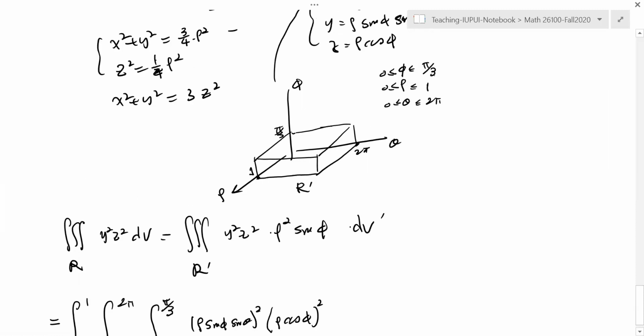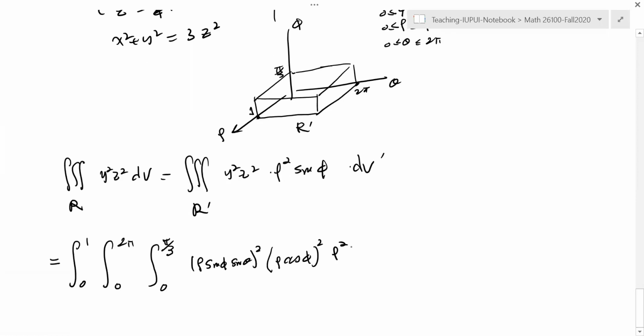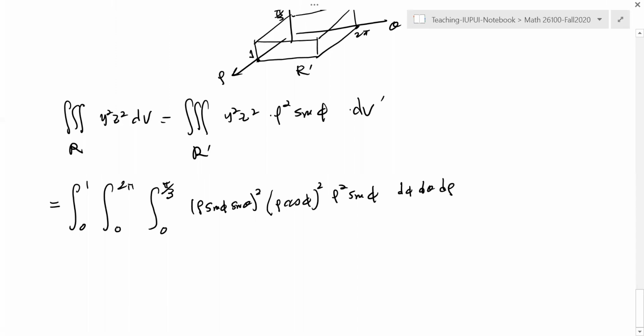Then you have rho squared sine phi, then d phi, d theta, d rho. This is my dV prime.